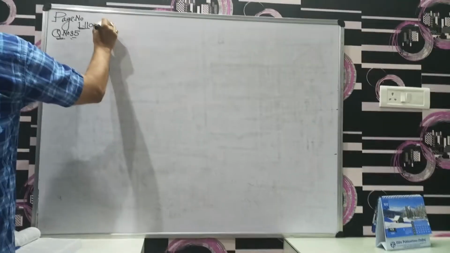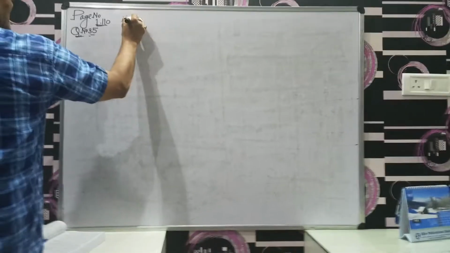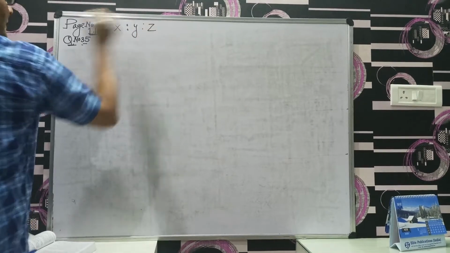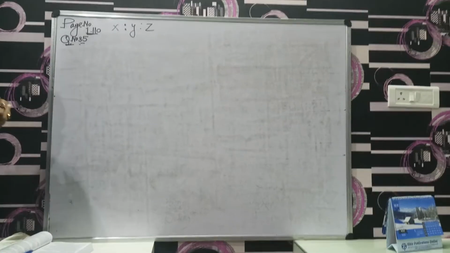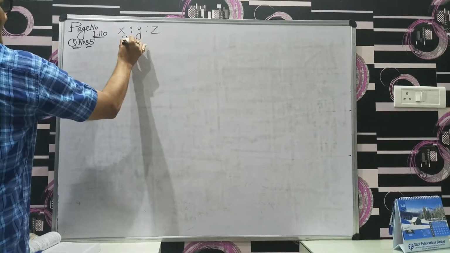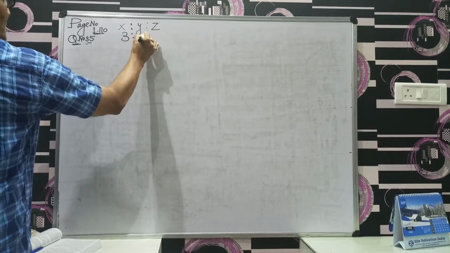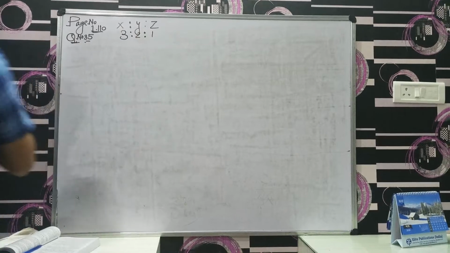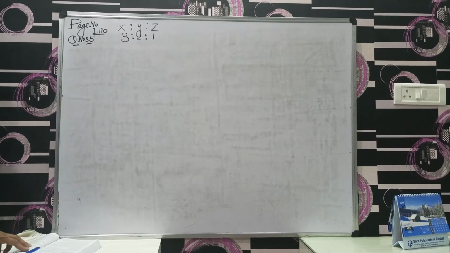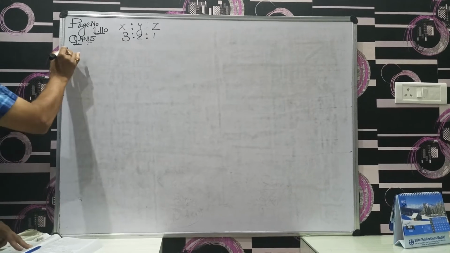ये problem X, Y and Z, ये तीन पार्टनर्स हैं. इनका प्रॉफिट शेयरिंग रेशियो 3:2:1. Is it clear? And they withdrew drawings during the year: X 15,000.